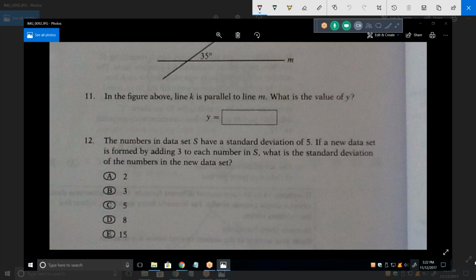I bet. Okay, standard deviation of 5. Trying to think of how to explain this.